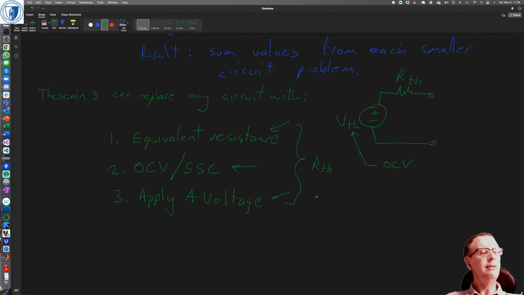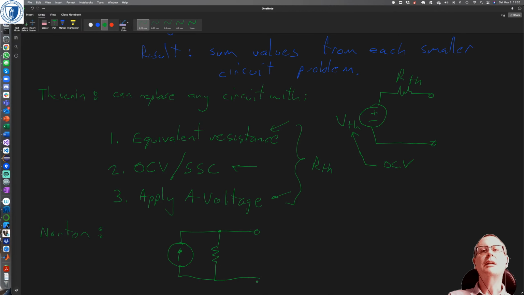And then Norton is very similar, but instead of a voltage source and a series resistor, we can replace any circuit with a current source and a parallel resistor.